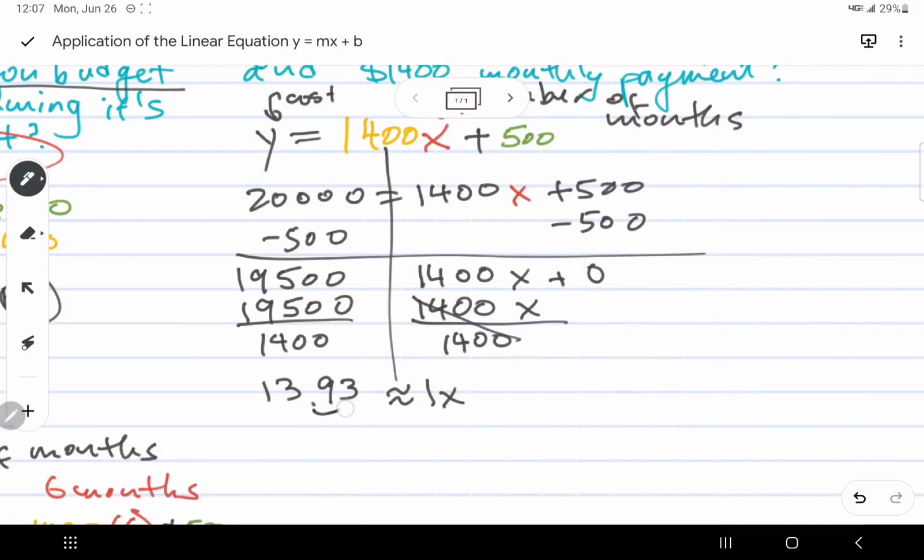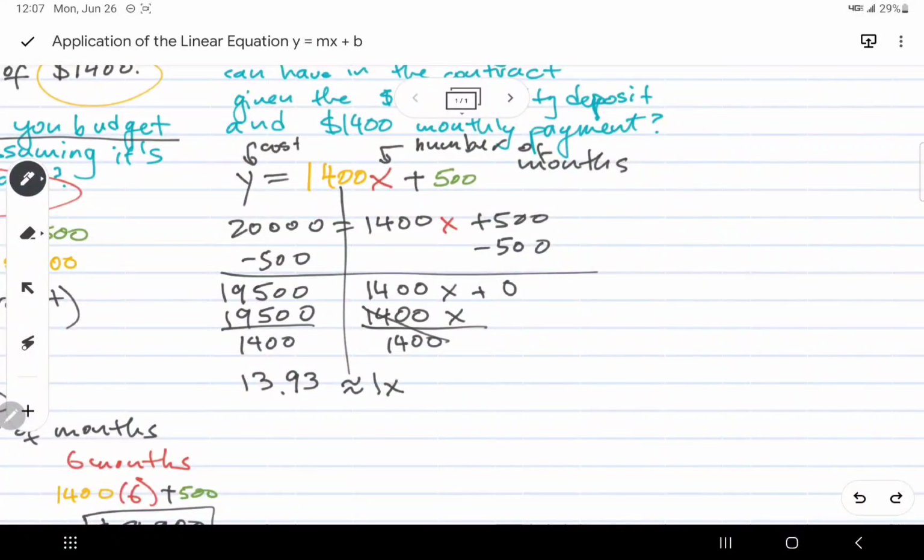13.93, but you can't really have a decimal month. You want to round it to the nearest whole number, or at least round down to the nearest whole number, because at least that's just my preference.